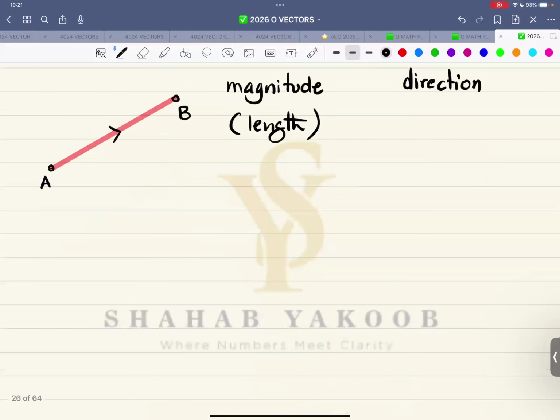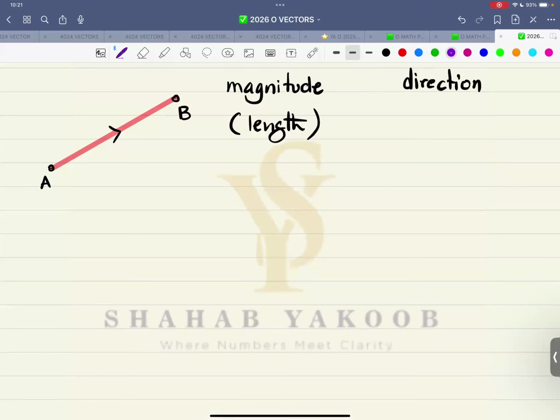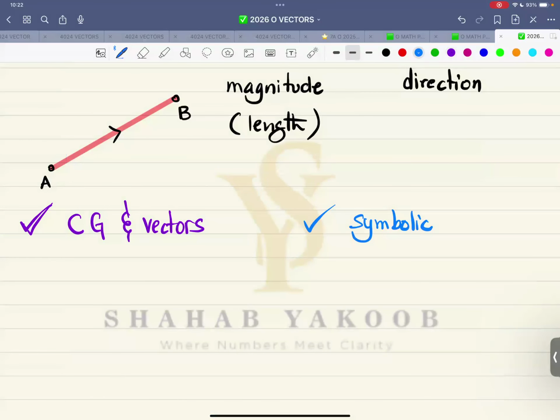That brings us to another idea, and that idea is there are two aspects of vectors. One aspect is related to coordinate geometry and vectors. And the other is about symbolic vectors, where a diagram would be drawn and then you have to work it out.